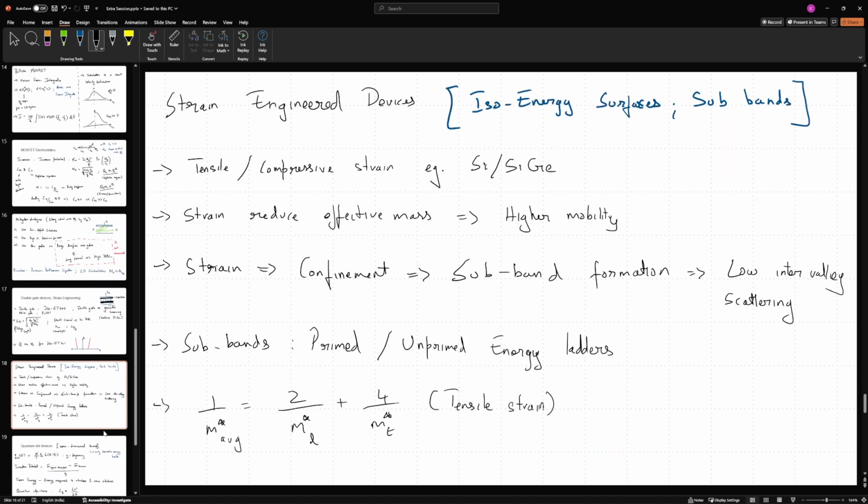Now, when we are looking at strain engineered devices, the things that you need to remember, this is what we did in the second last week, but I also revisited it in the last week. Remember isoenergy surfaces, remember the notion of subbands formed by strain engineering.